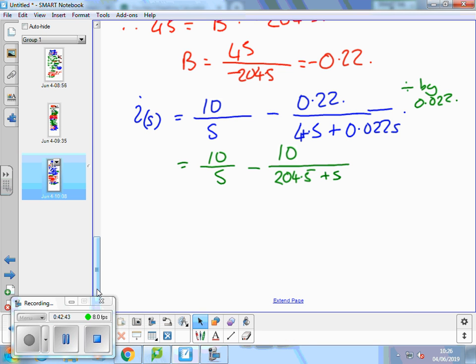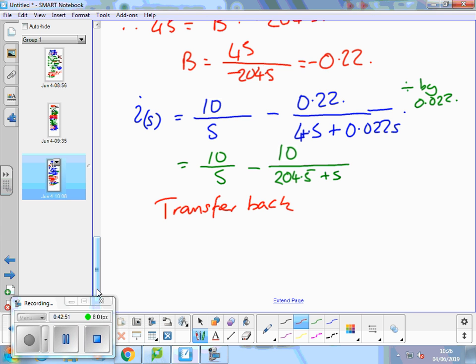Now we can transform back. Because that looks like A over s, and that looks like A over B plus s. So we can say I at t is equal to 10 minus 10 e to the minus 204.5 t, equals 10 times 1 minus e to the minus 204.5 t.